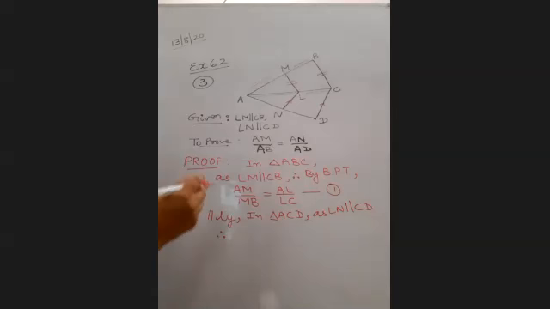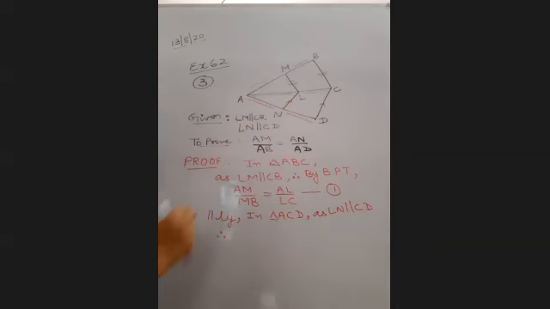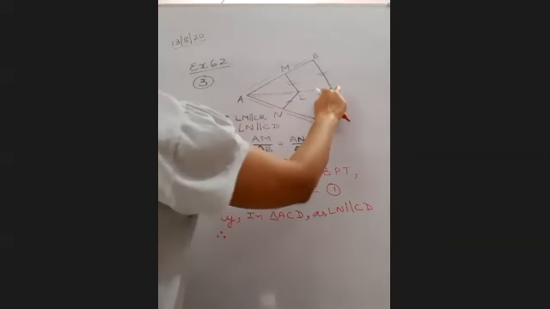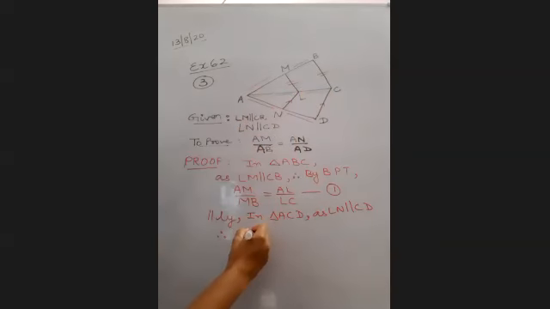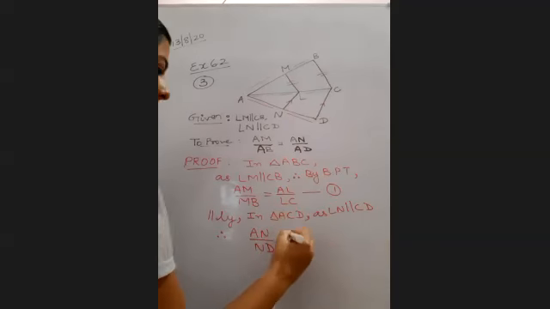What is the conclusion, children? AN upon ND is equal to AL upon LC.